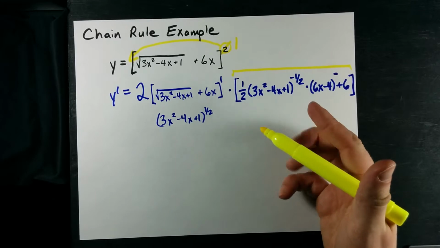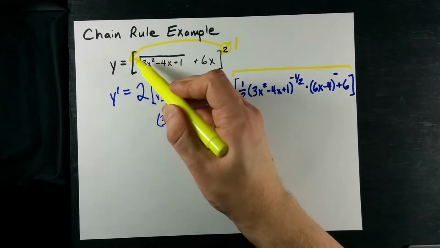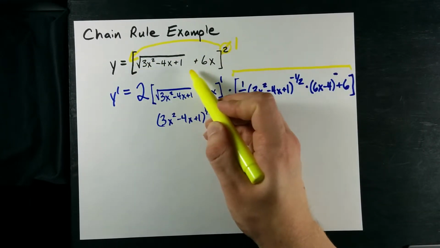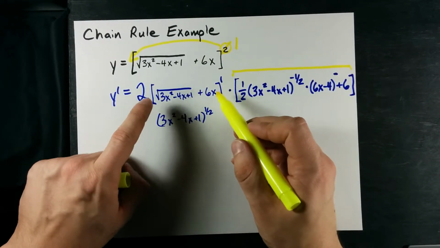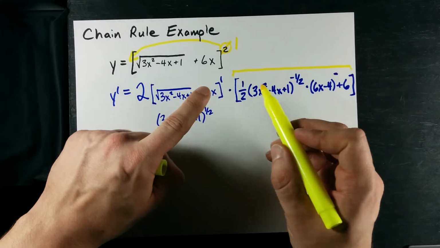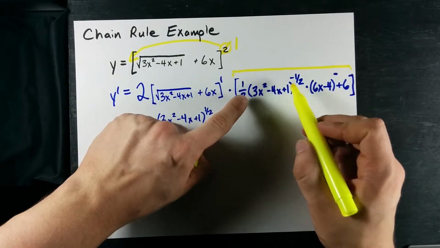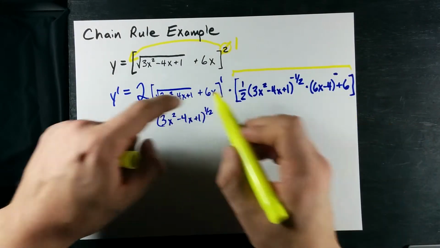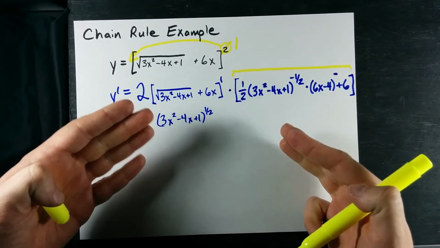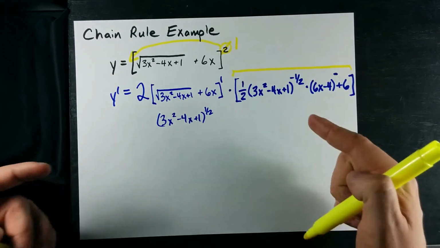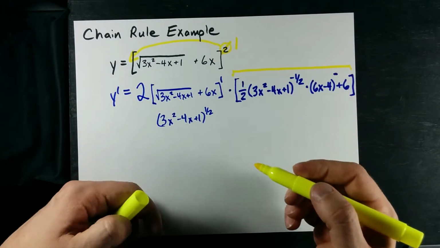This is why it's called the chain rule, because when you have a function inside a function, inside a function, inside a function, you end up taking the derivative of the very outside, then the derivative of what was on the inside of that, and the derivative of what was on the inside of that. And it just keeps going and going and going until you work your way to the inside of the whole function itself. Cool? Cool.